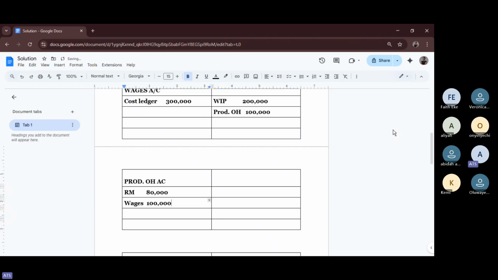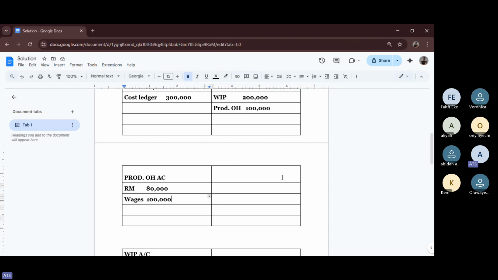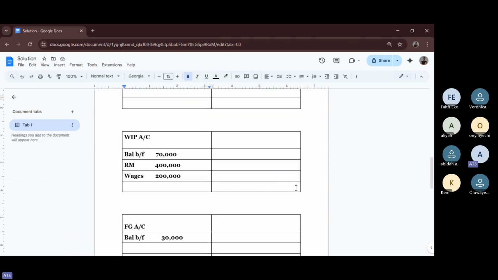And we were told that the closing inventory of work in progress was 100,000. So what they are trying to say is, here's our work in progress account. After receiving all of this, at the end of the period we were still working on some things. At the beginning we had 70,000 work in progress, and at the end we had a balance of 100,000.